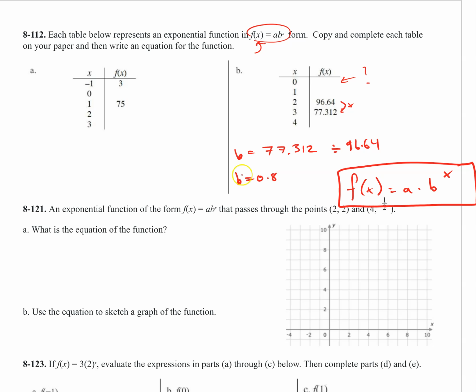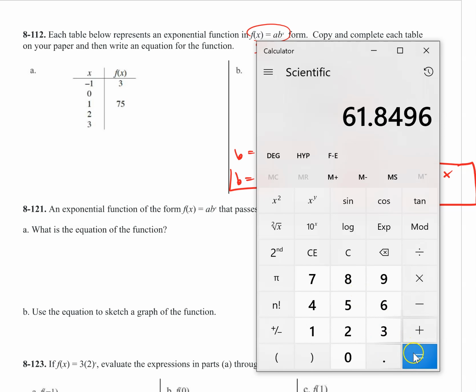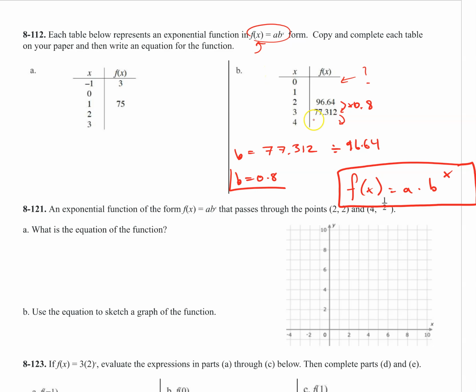B is 0.8. Okay, so to go forward in this list, we times by 0.8. So for example, to get to the fourth term, you do 77.312 times 0.8. And that'll get you 61.8496.